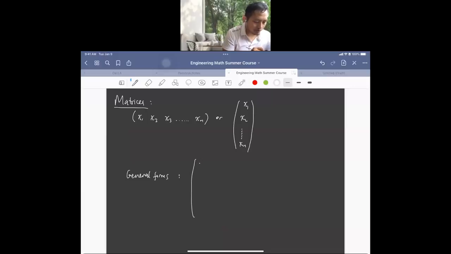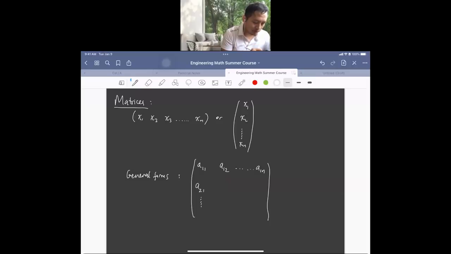we can have, let's say we take A11 to name the matrix. It means row 1 column 1, and then A12 means row 1 column 2, and so forth until A1n.